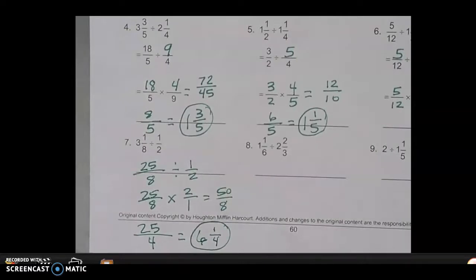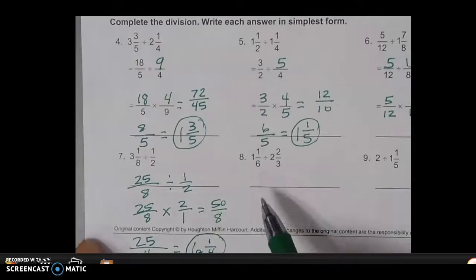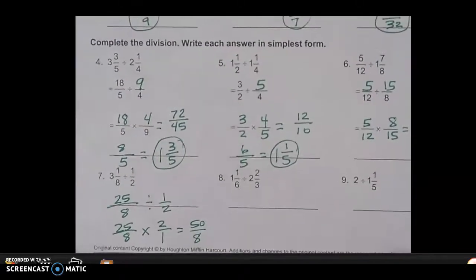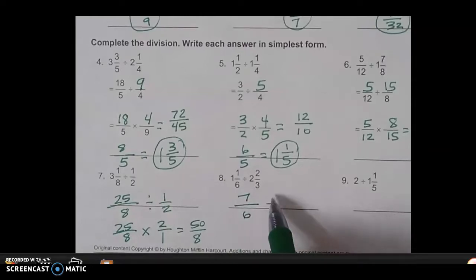Next one, 1 and 1/6 divided by 2 2/3, which will be 1 and 1/6 rewritten as an improper fraction, 7 over 6, divided by 8 over 3.